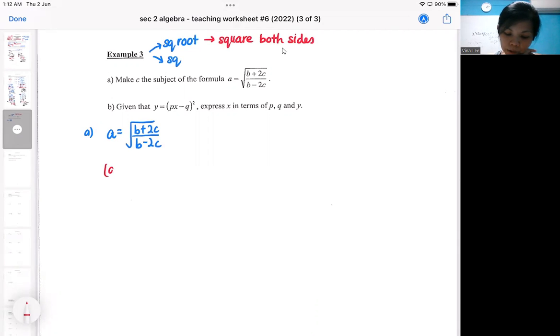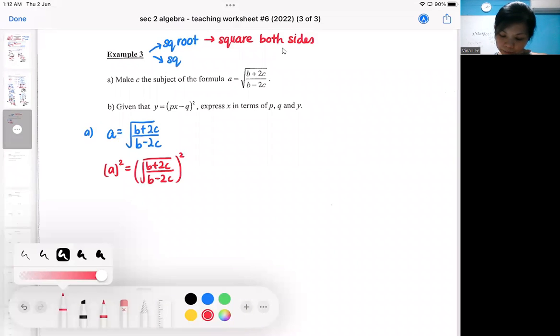If I go for squaring both sides, it looks like this. The squaring will effectively remove the huge square root.